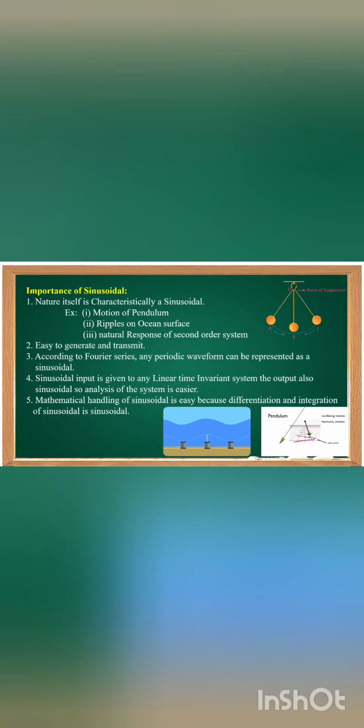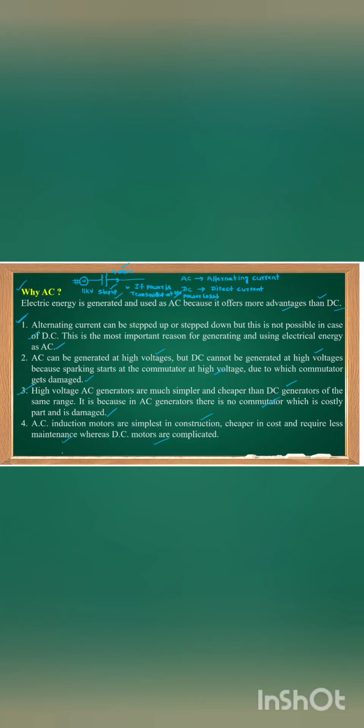But in AC, which waveform is more popular? We are preferring the sinusoidal wave. There are so many AC waveforms, but sinusoidal is more preferable. Why only sinusoidal? Why not the remaining waveforms?